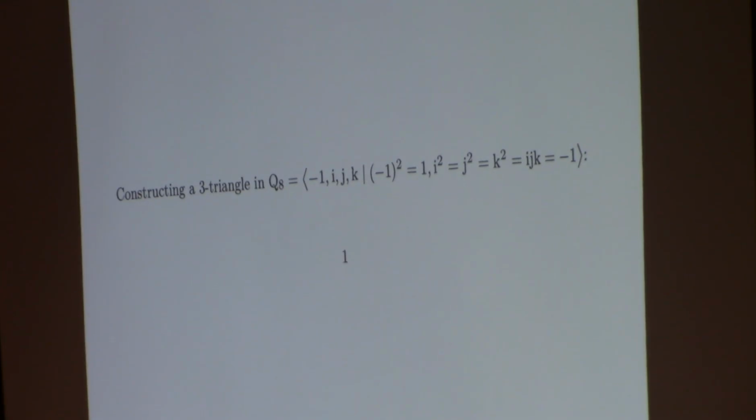Q8 is the quaternion group, or at least the first one that we have there. Here's a presentation of the quaternion group, if you aren't familiar. It's generated by -1, i, j, k.